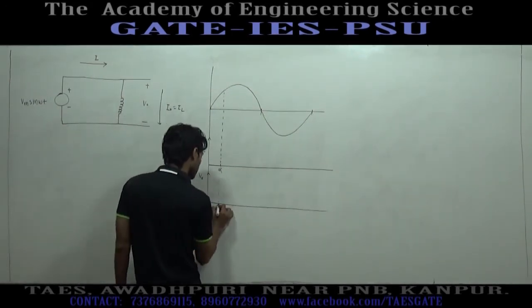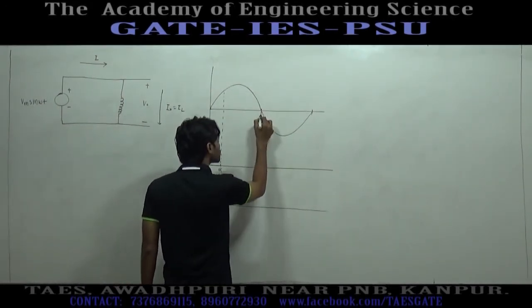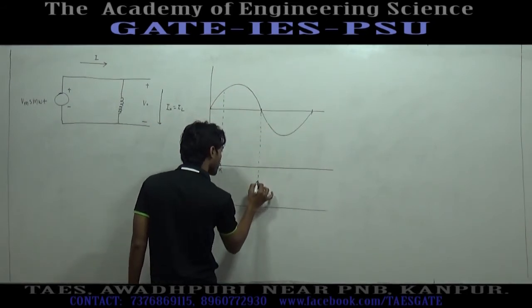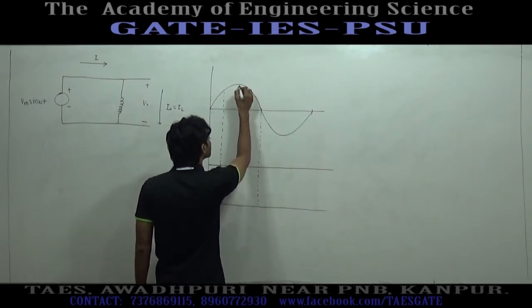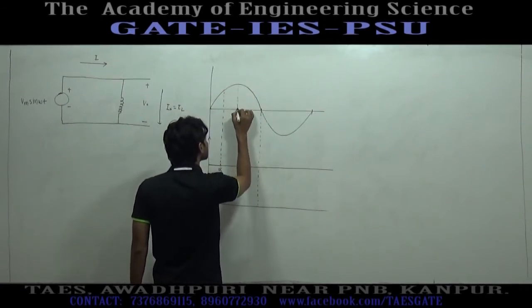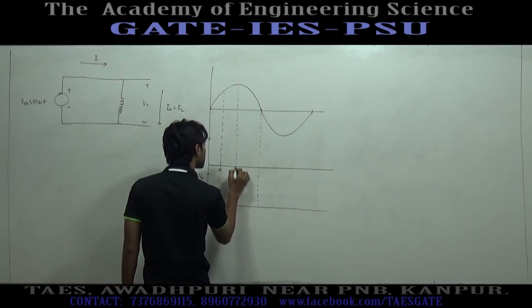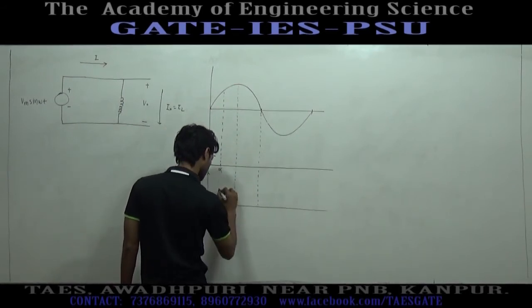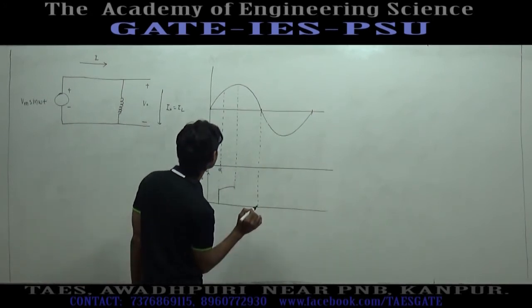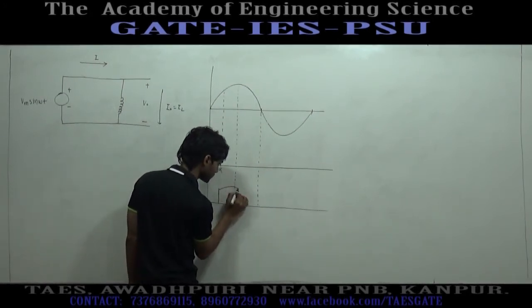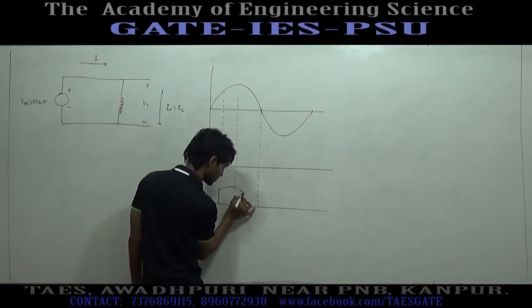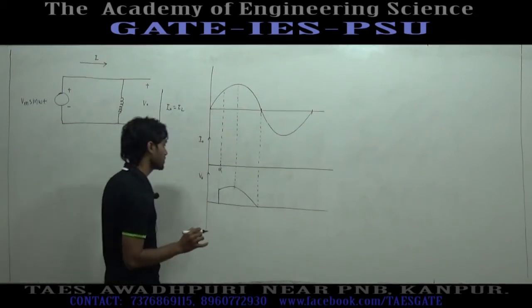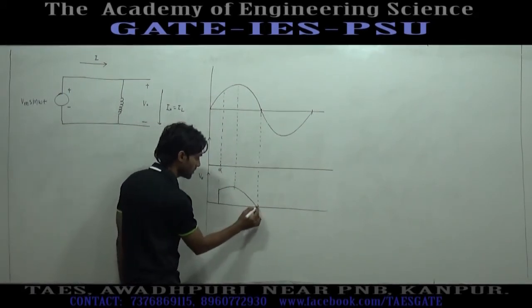So, after this point the output voltage will become input voltage. This is maximum value, and at omega t equal to pi, the output voltage will be 0.